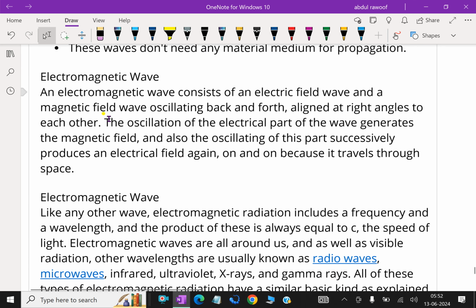An electromagnetic wave consists of an electric field wave and a magnetic field wave oscillating back and forth, aligned at right angles to each other.